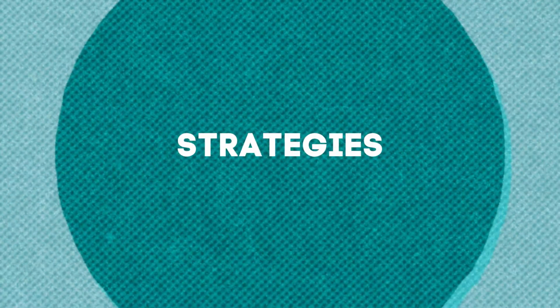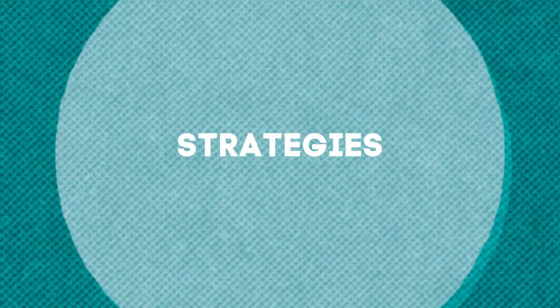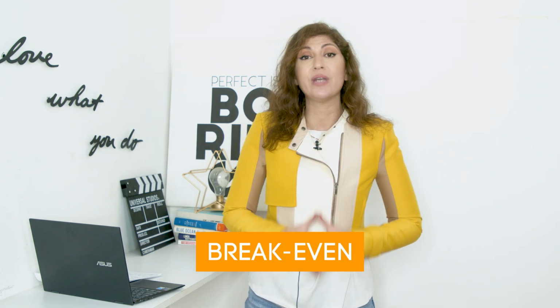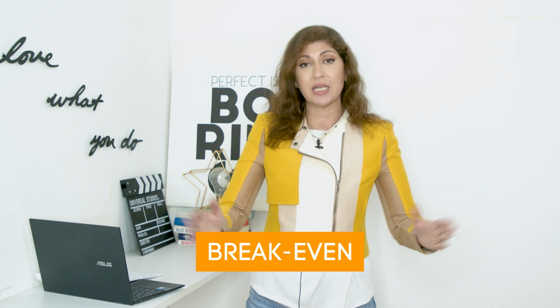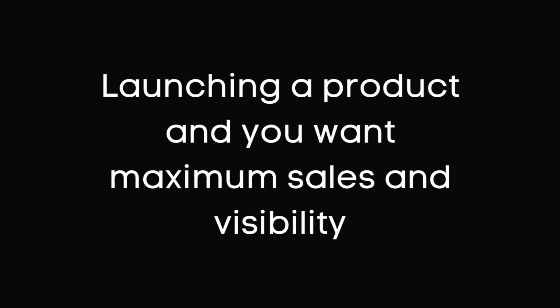Which brings me to my 2 strategies of how you need to implement the right strategies for your business to get the best ACOS. Strategy number 1, better known as break-even ACOS. Now, this is not for the faint-hearted. This is basically when you want to launch a product and you want to have maximum sales and maximum visibility. So you're going to be pushing your product via ads.